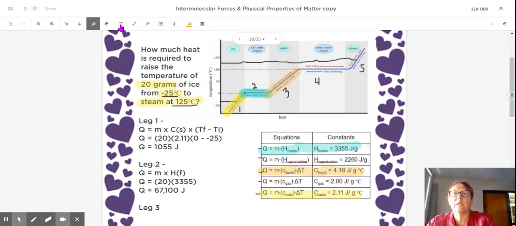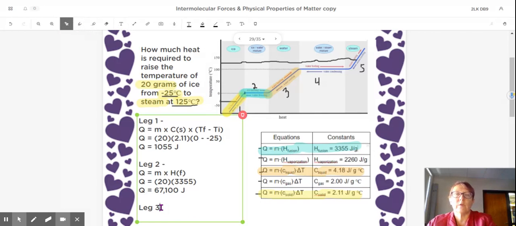All right, so for this calculation, we are going to do Q is equal to, let's see, what did we say? Mass times the specific heat of the liquid, times delta T. And I'm going to do it the same way, T final minus T initial.